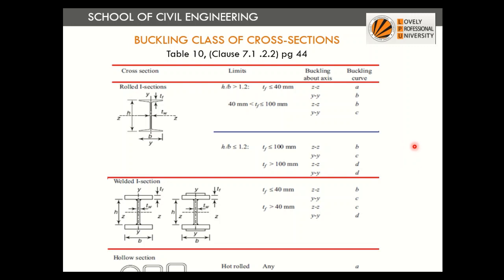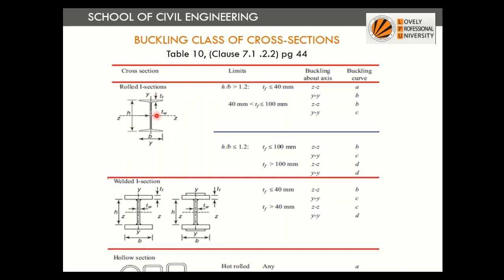Now how will we classify this section? Generally for column or post or stanchion, these are the vertical members in a building, right? So these are vertical members in a building. We use I section. Either it will be rolled or it will be welded.